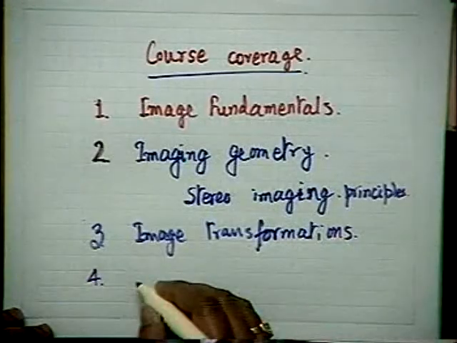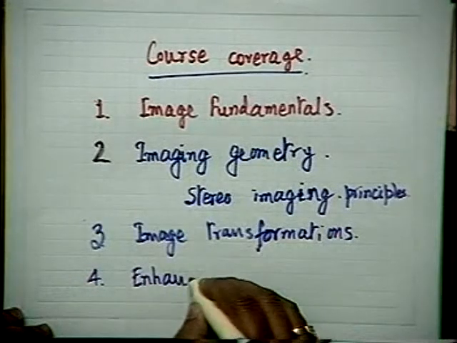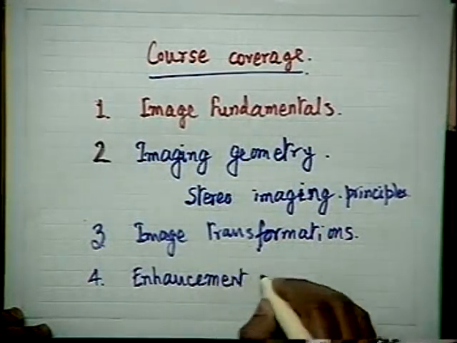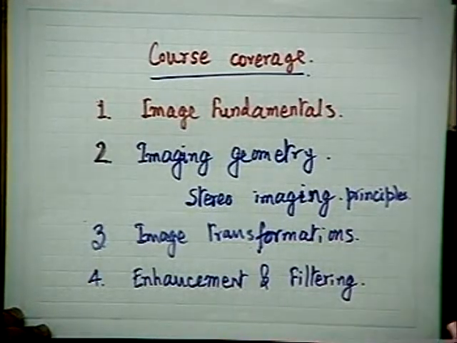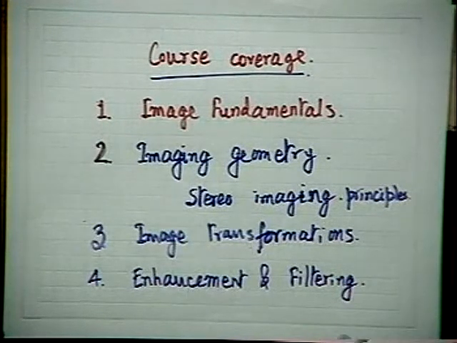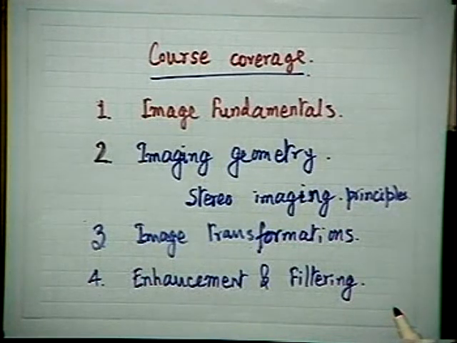Then we shall also cover image enhancement and filtering. That means, given a poor contrast image, how to improve its contrast, how to do the enhancement, or doing low pass filtering, high pass filtering, or band pass filtering on images. Just like the way you can do low pass, high pass, or band pass filtering on one dimensional signals, doing the filtering on images is a very similar principle.